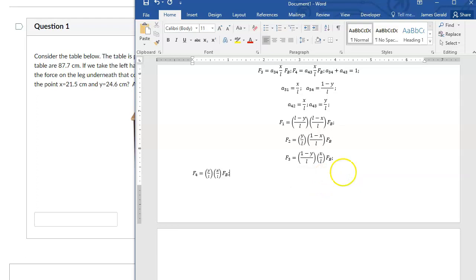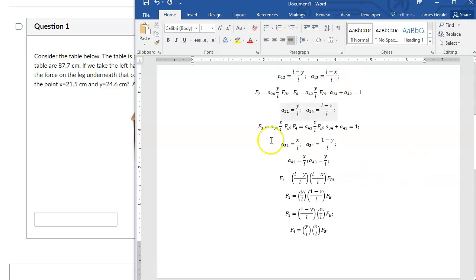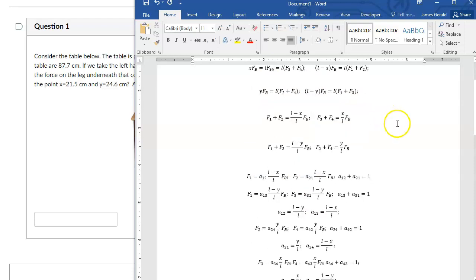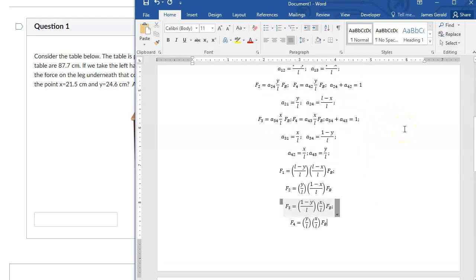Now, if you check all these solutions, this does satisfy all the equations above. It satisfies the torque equations. And if we add all of these up, they add to FB. And so the very first equation, FB is F1 plus F2 plus F3 plus F4, is satisfied.